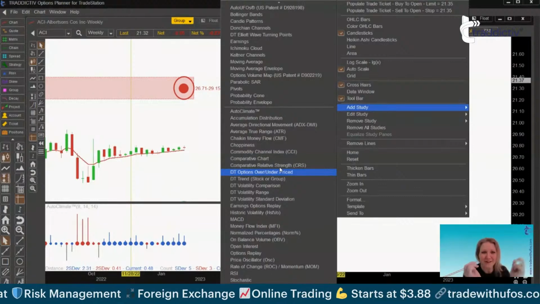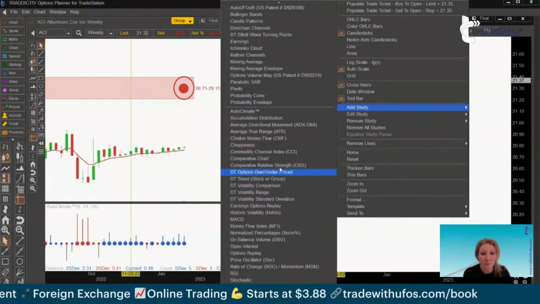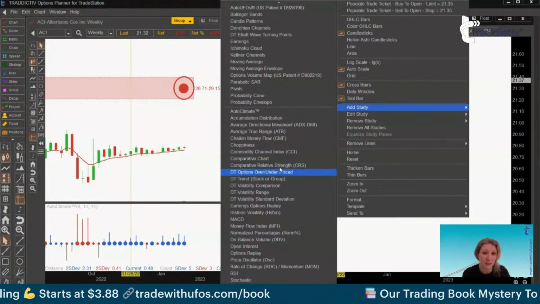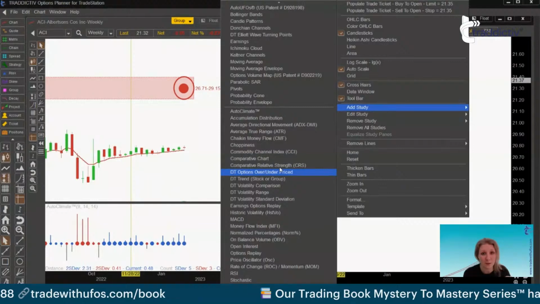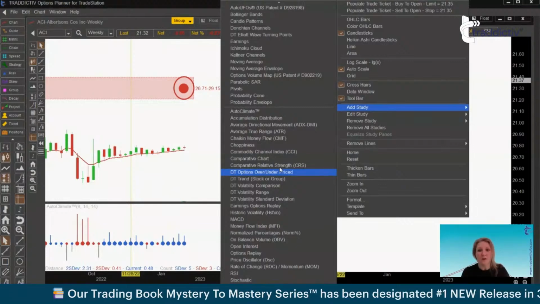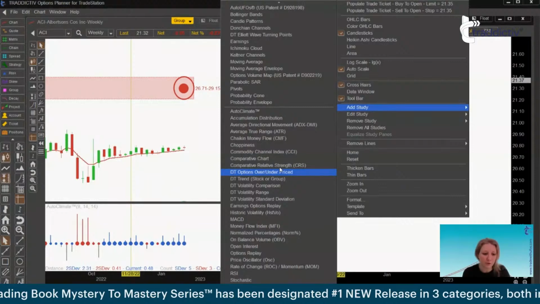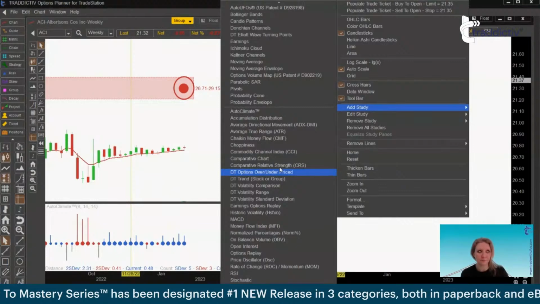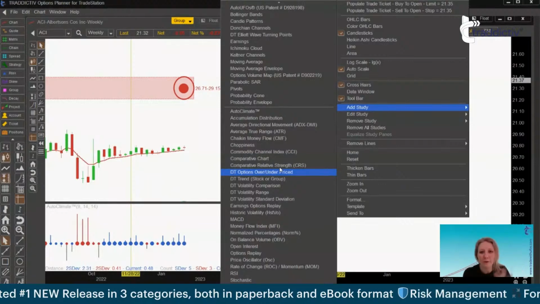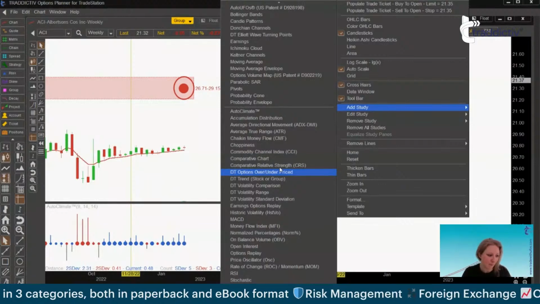So the answer is, I don't use those tools, but by all means, try them, use them, back test them, more importantly, and see if it adds probability to what you're doing. If it does, keep doing it. If it doesn't, don't use it. So the combination of all of those tools and indicators will be what gives you your results. So play around, basically, and get the back testing.